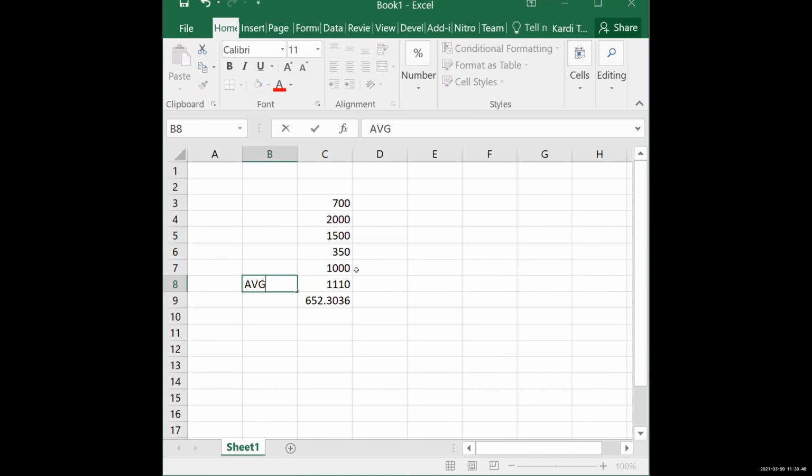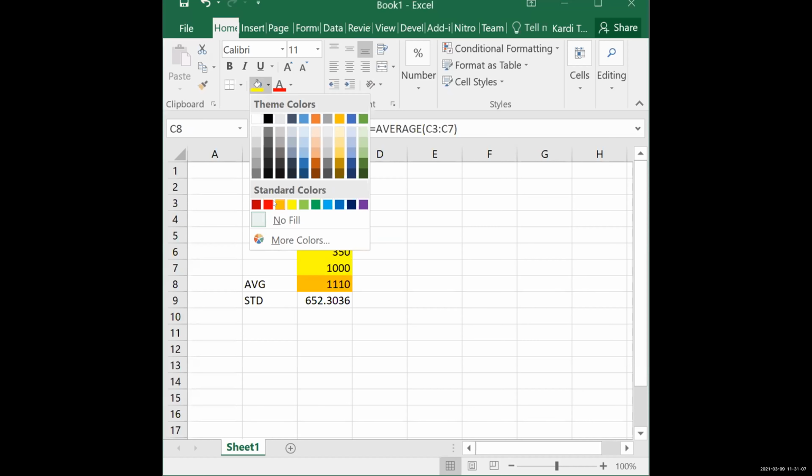So this is the average and this is the STD. Okay. So the average is 1,110. This is your judgment. Now I give you feedback. The average is 1,110.